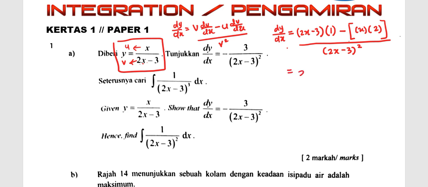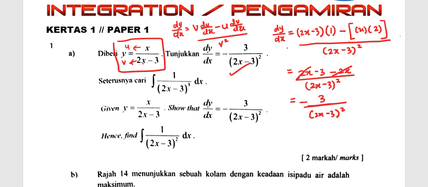Okay, so when you do this, 2x minus 3 times 1 means exactly the same. Minus 2x, you get over (2x minus 3) squared. And you simplify this, what do you get? 2x minus 2x, so you get negative 3 over (2x minus 3) squared.